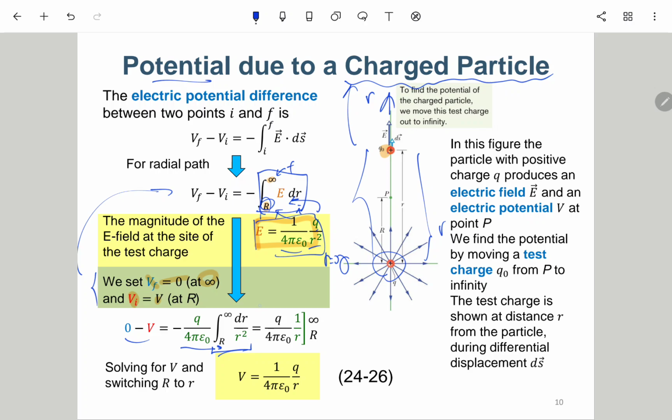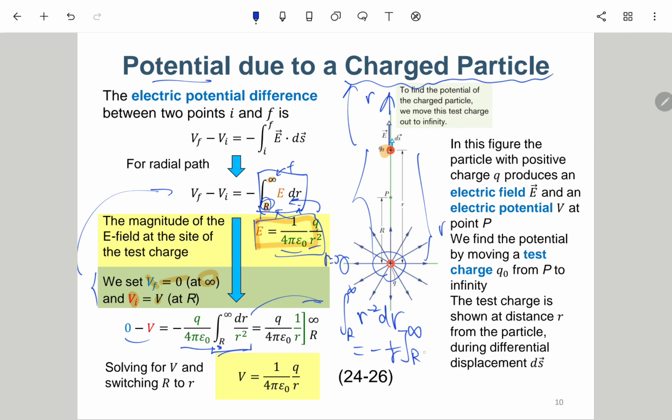This is the integration of r to the -2 dr, from r to infinity. It will be negative 1 over r, evaluated from r to infinitely far away.